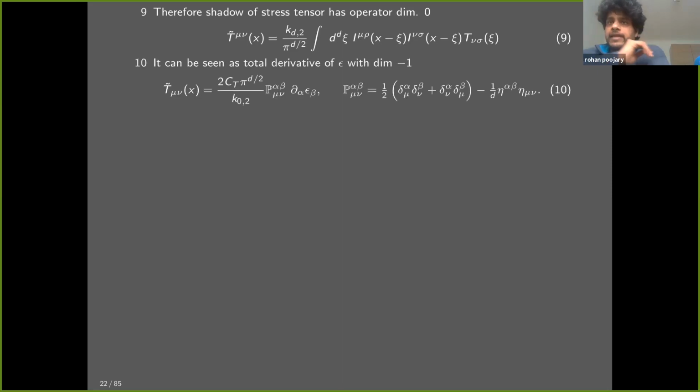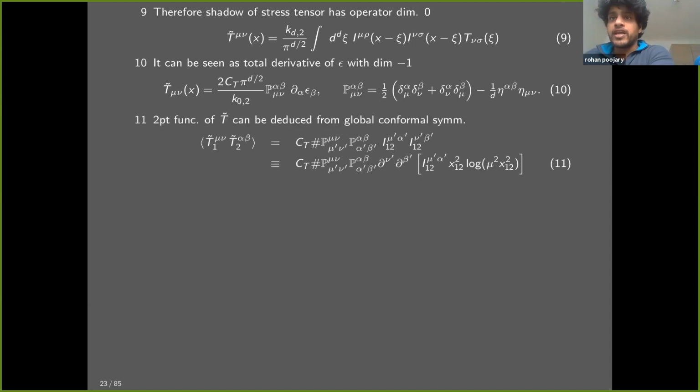It turns out that the shadow operator can be written as a total derivative. The shadow operator of the stress tensor, T tilde, can be written as a total derivative of some other operator. The shadow operator of the stress tensor has dimension 0, and this other operator epsilon, which we will end up calling the reparametrization mode, has dimension -1.